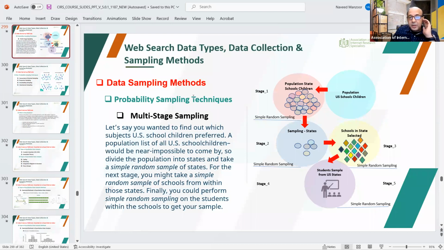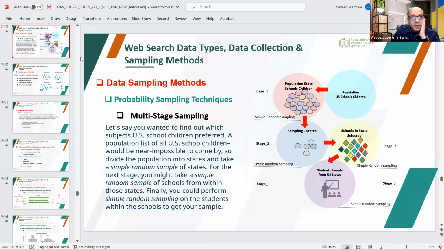Probability simply means giving it equal chance, not to have bias or to have some structure to how it is obtained. So that is random, not in the literal sense, but random to a certain extent, and then there has to be a method to it. So that's where we are going to end our probability sampling.